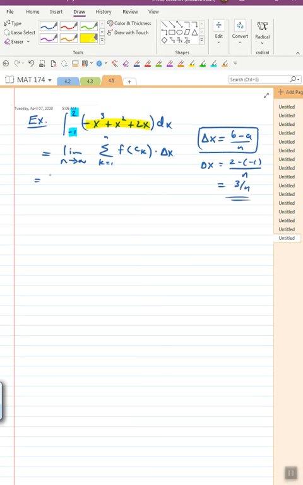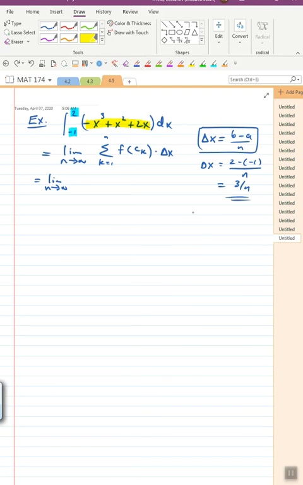So in this case, it's the limit as n goes to infinity. Now, before I fill in that delta x part, let's figure out what we want to put for the ck part. What can I pick for the ck's? Anything I want. We settled yesterday on picking left or right endpoints, and we said right endpoints were the easiest.